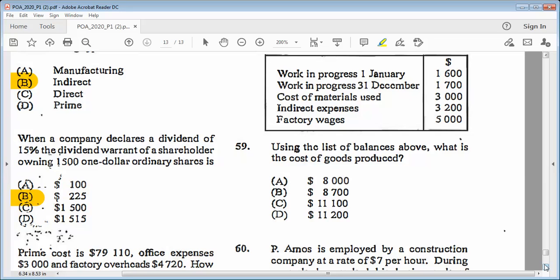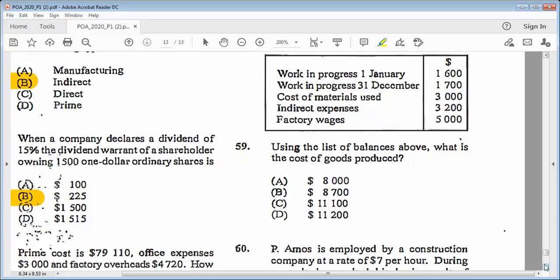Now, as it says, the cost of raw materials used, there we have $3,000. Then we have our indirect expense, $3,200. Then we have our factory wages, $5,000. Then we have our work in progress at the 1st of January, which is $1,600. So when we add all that, we get 12,800.